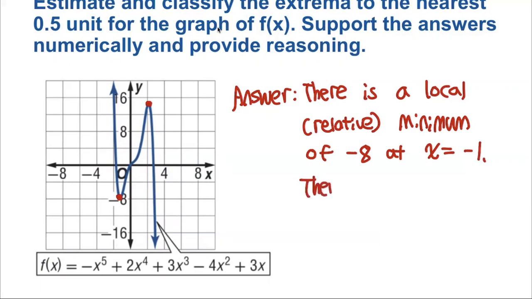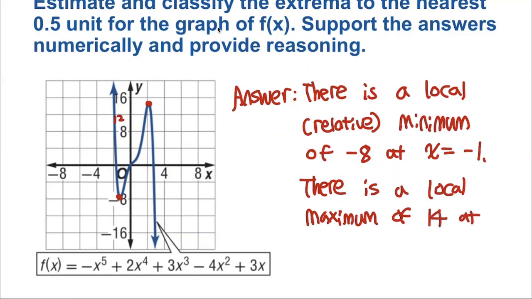There is a local maximum. What's the corresponding y value for this? It's 12, and it's in the middle of 12 and 16, so it'll be probably something like 14, right? 14 at x equals 2.